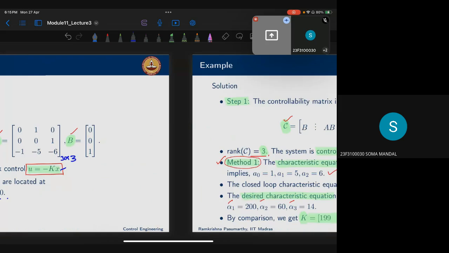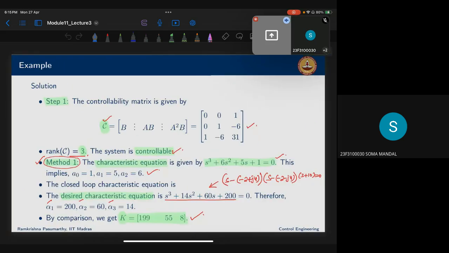Now directly finding the C matrix, because it is 3 by 3, we need A to the power 3 minus 1 times B, which is A square B. That's why we go up to A square B.